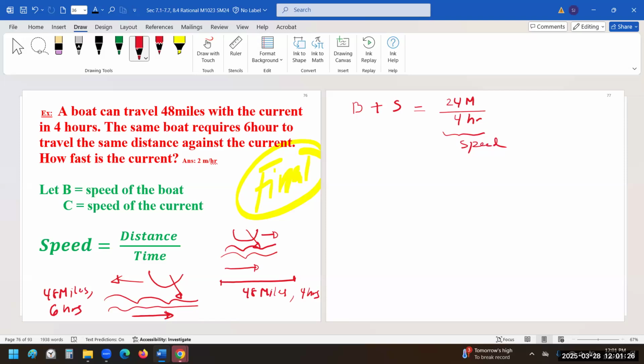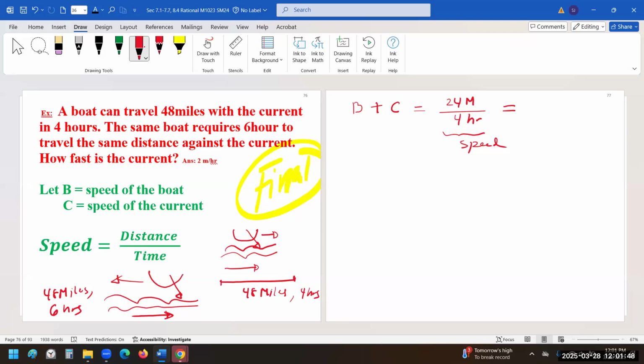Speed of the boat plus speed of the current is 48 divided by 4.